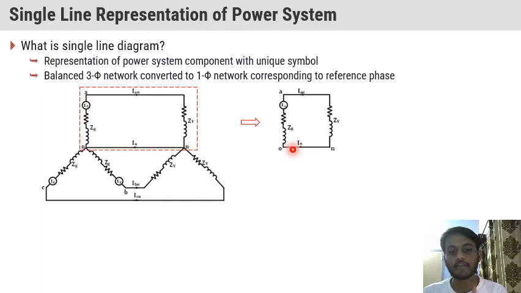This ZG will contain two components: one is RG, which is the resistance of the generator, and XG, which is the reactance of the generator.